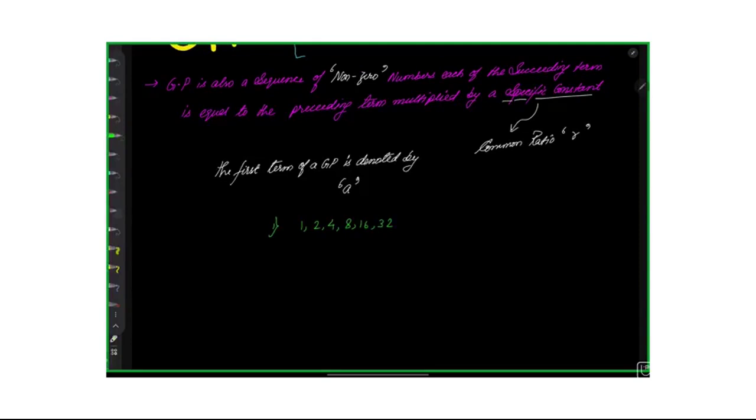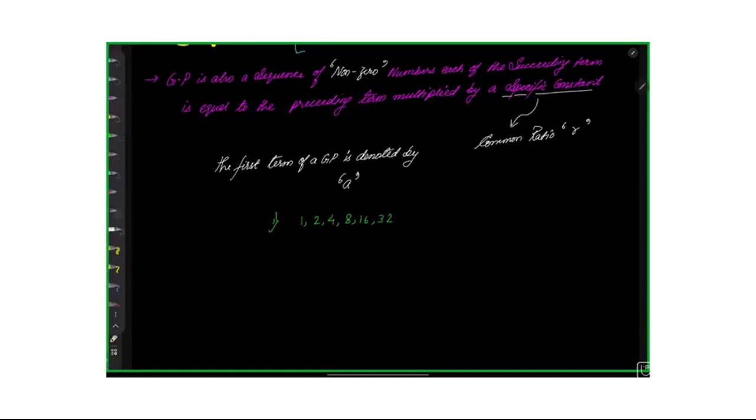Each of the succeeding terms is equal to the preceding term multiplied by a specific constant. 1 into 2 is 2, 2 into 2 is 4, 4 into 2 is 8, 8 into 2 is 16, 16 into 2 is 32. So here the ratio stays constant, that is 2. Yes, it is a GP.